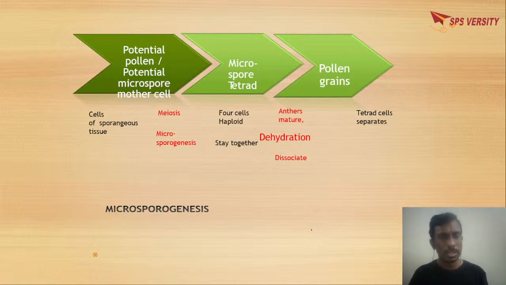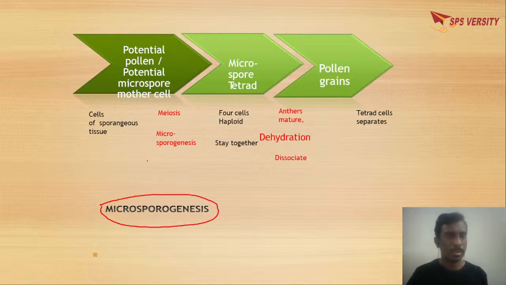So here you can see the process where from microspore mother cell, microspores are formed. This process is called microsporogenesis. Here from the cells of sporogenous tissue, microspore mother cells are formed, which will undergo meiosis.